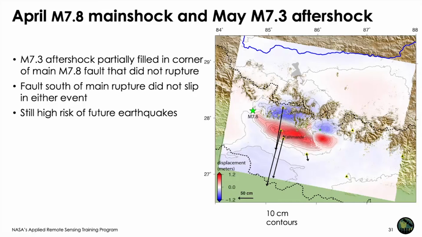So there's a significant risk of future earthquakes, both to the south and to the west. The area to the east was largely ruptured in 1934, so the risk of further earthquakes to the east is less.